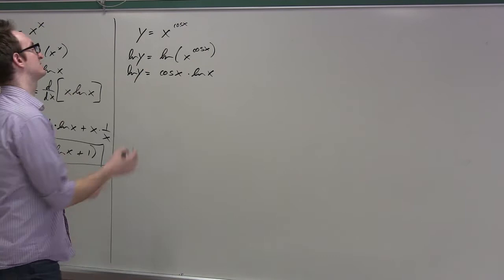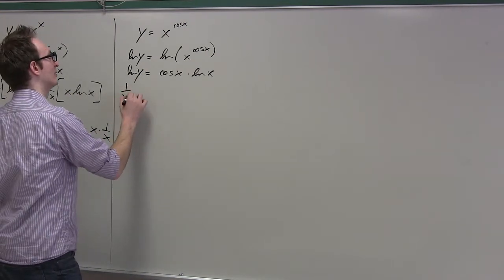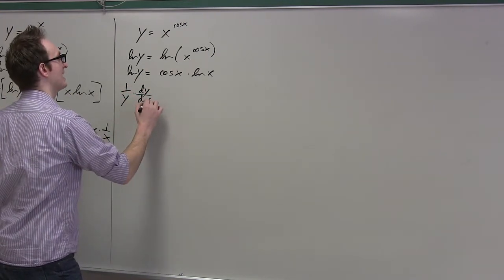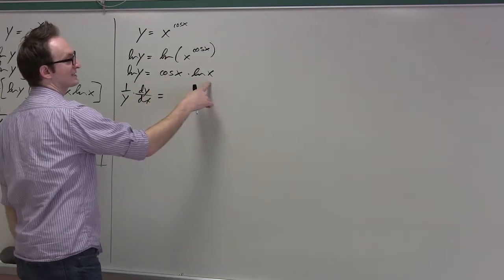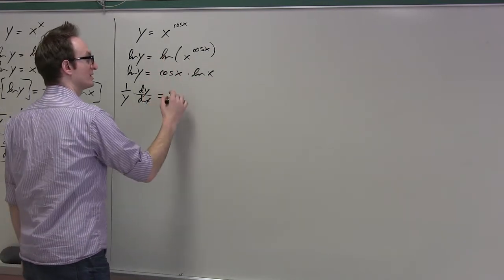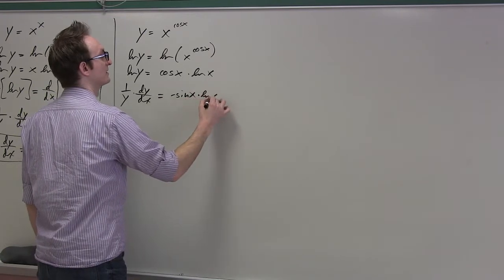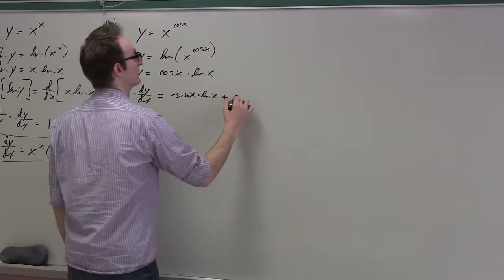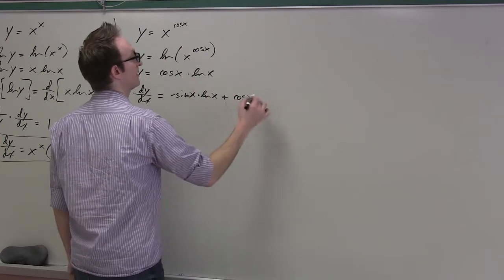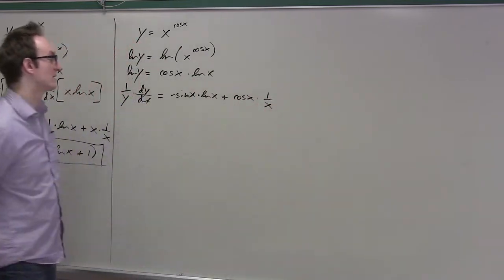Now I differentiate both sides. The derivative of ln y is 1 over y dy dx. And the derivative of cosine x ln x as well. Derivative of the first, negative sign, times the second, plus the first times the derivative of the second.